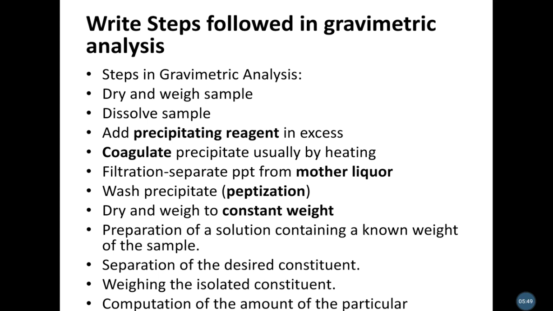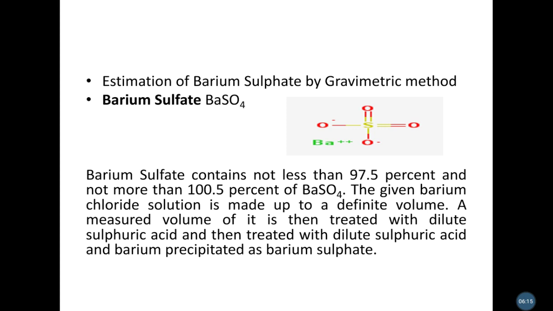If you know the amount of solute in the solvent, you can identify the concentration of your samples, and then go for the separation of your desired chemical constituent. After that, isolate your constituents and calculate what mass, what quantity, is obtained. This is possible by gravimetric analysis.